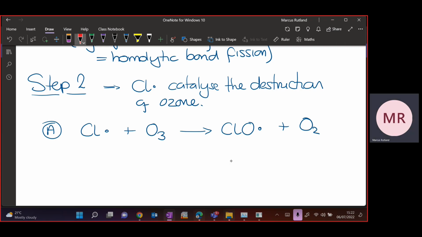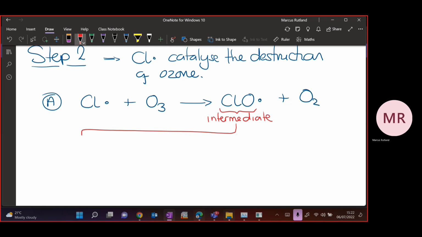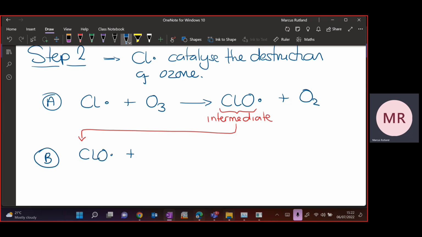So this ClO is going to be an intermediate species formed in that first part that carries on into the second part of this second step. The ClO reacts with an oxygen atom to make Cl radical plus another O2.